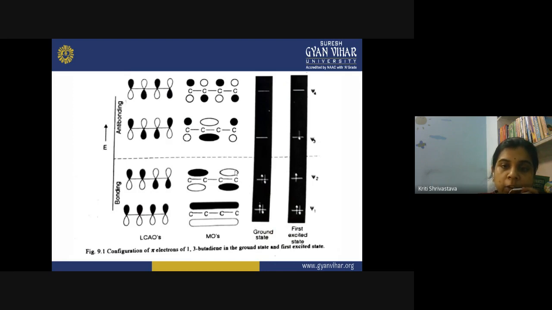This molecular orbital will go for reaction. But when we have photochemical condition, when your molecule is excited, then psi 3 will be the molecular orbital that will go for the reaction. So the symmetry of the orbital that is going for reaction is changed. That is why these reactions are affected by heat or light. Is it clear?